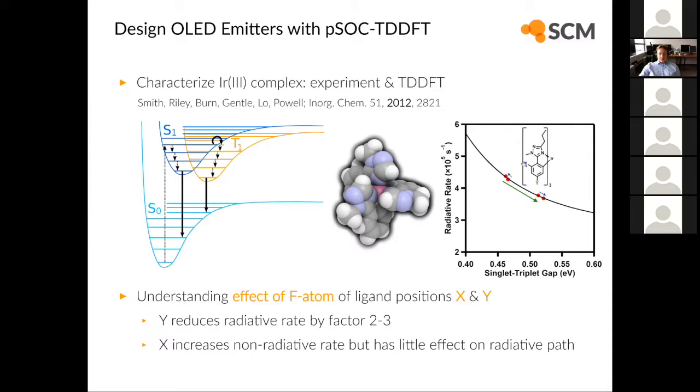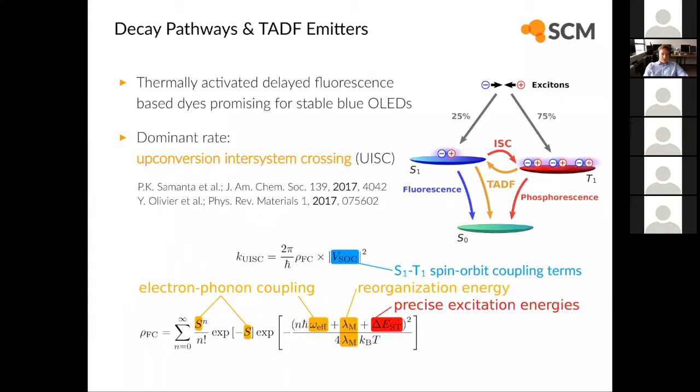And it turns out that the para position actually affects the radiative rate, so the rate of the radiative decay, emission of radiation, by quite a lot, while the corresponding ortho position doesn't matter really at all. It just increases non-radiative decay paths over vibrational levels. And this kind of understanding can then be used, for example, to systematically optimize OLED materials.